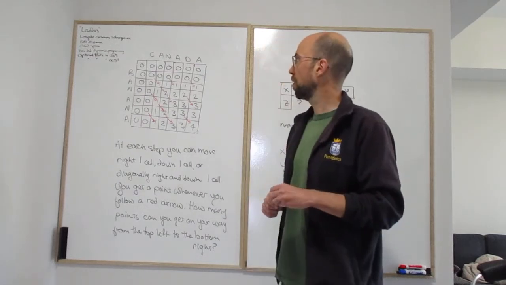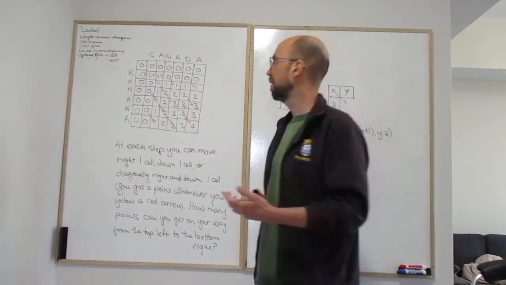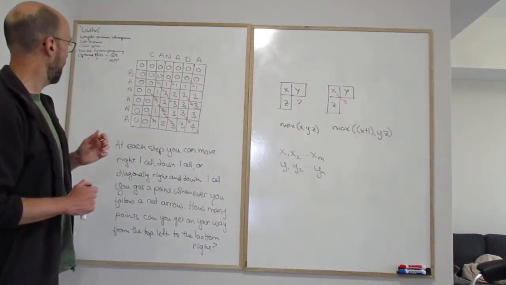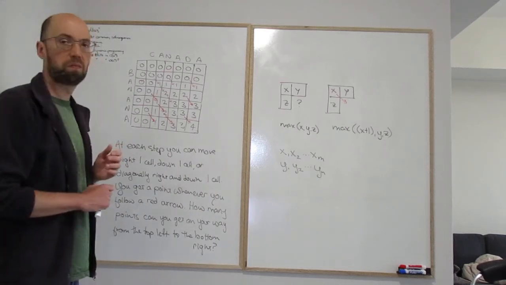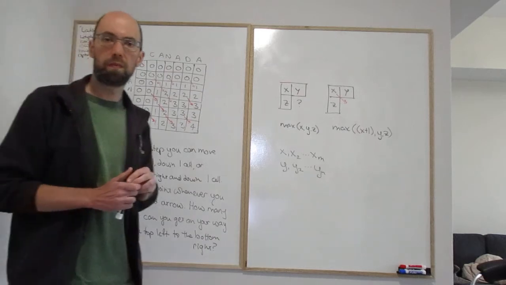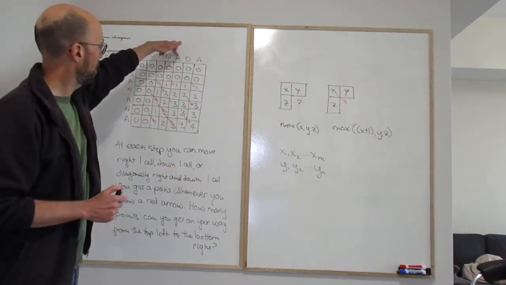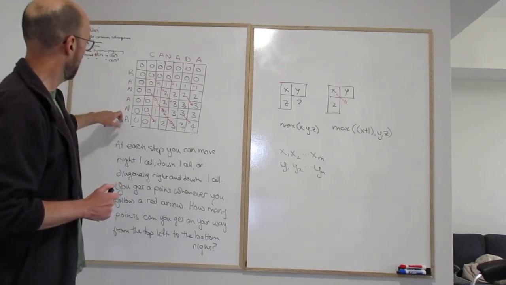So what is the longest common subsequence of Canada and banana? Well, it's ANAA, right? Because there's an A, N, A, and an A, and ANAA.